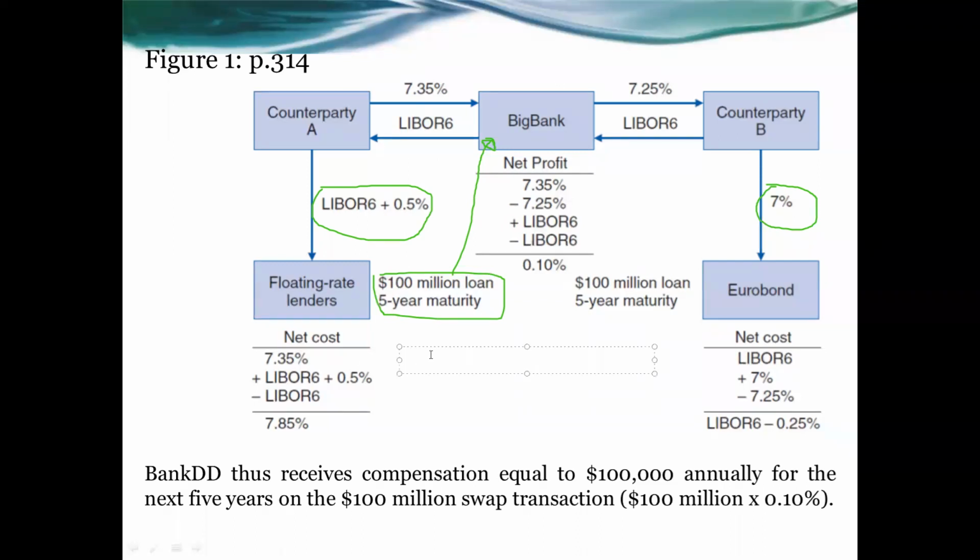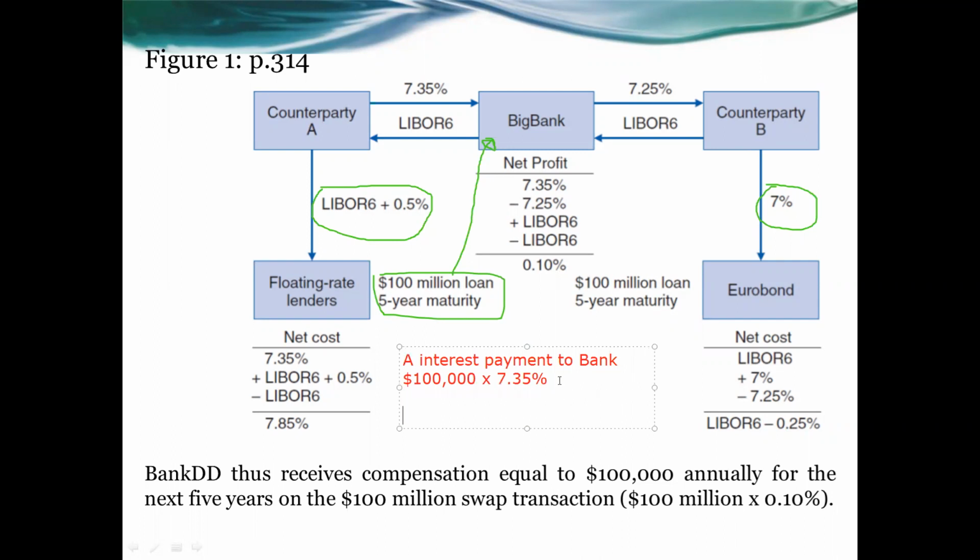That means $100 million into 7.35% is trader A's interest payment to the bank.